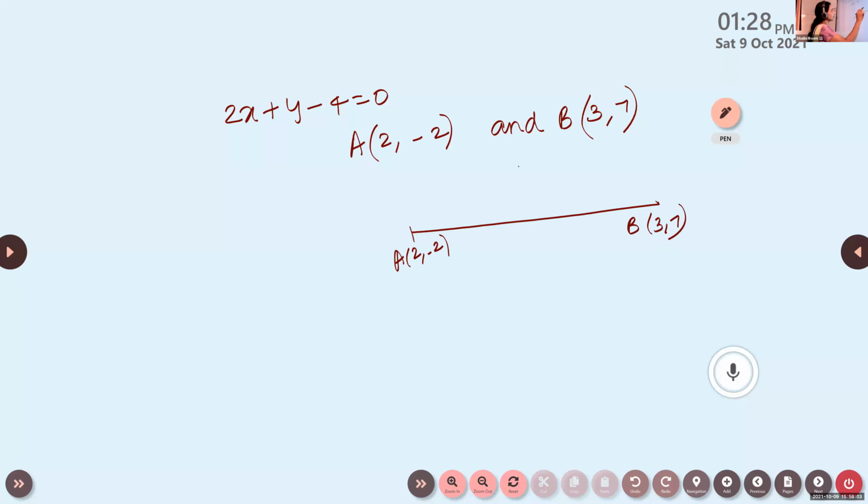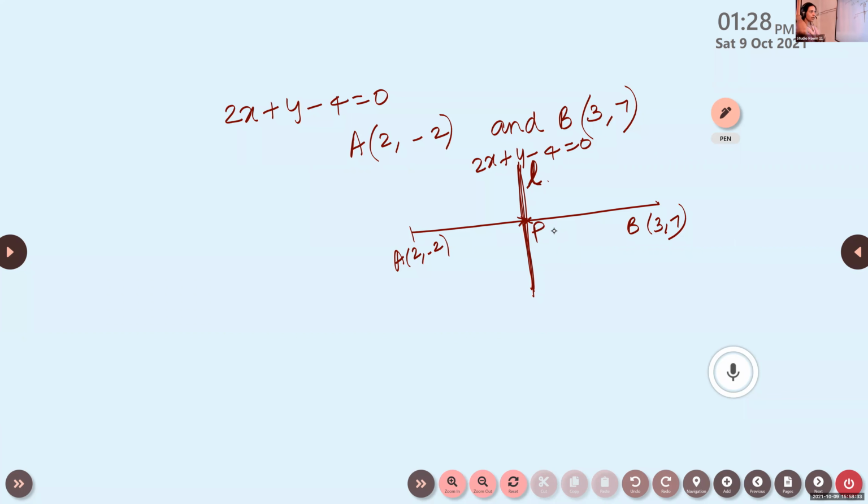And what is given here? One line is there. This line divides this line segment. Suppose we denote the line as L. L divides the line segment AB. We don't know the ratio. We are asked to find the ratio. Suppose P is the point of contact.